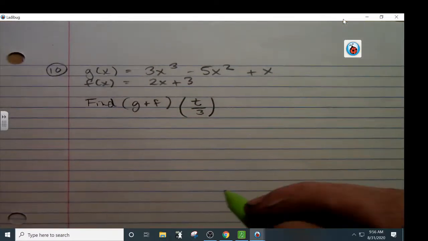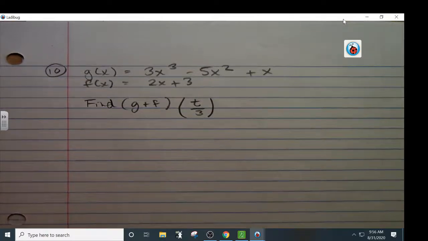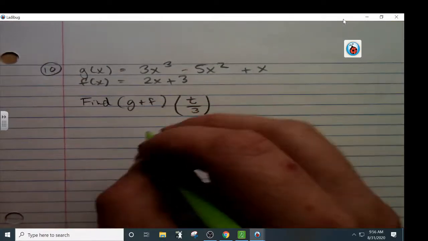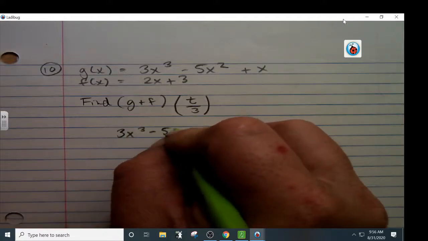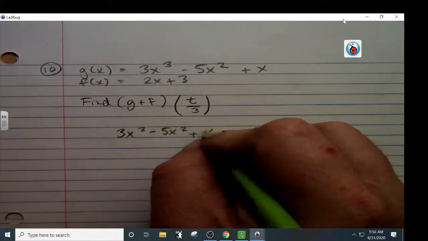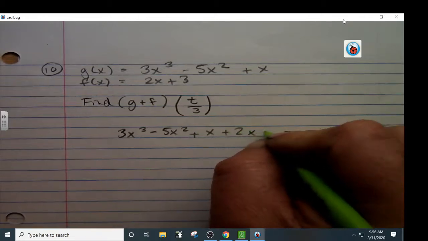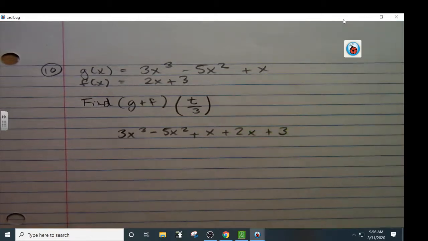Let's go ahead and add it together first because that'll be less fraction work.